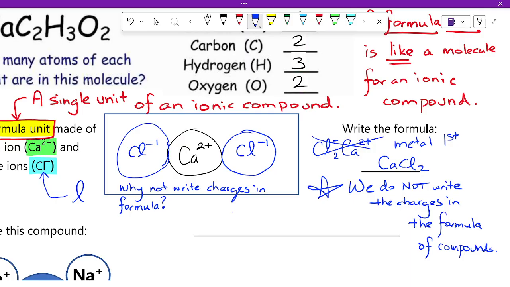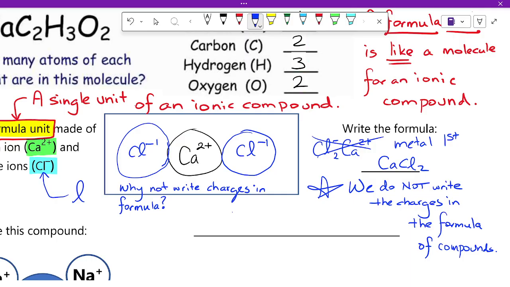There's actually at least 2 or 3 good reasons. Okay, so anyone want to try one out? Anyone got any guesses as to why we don't write the charges?